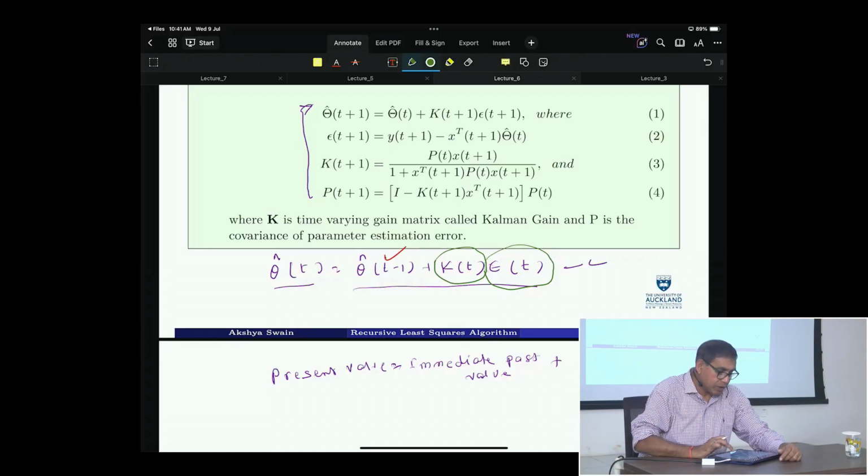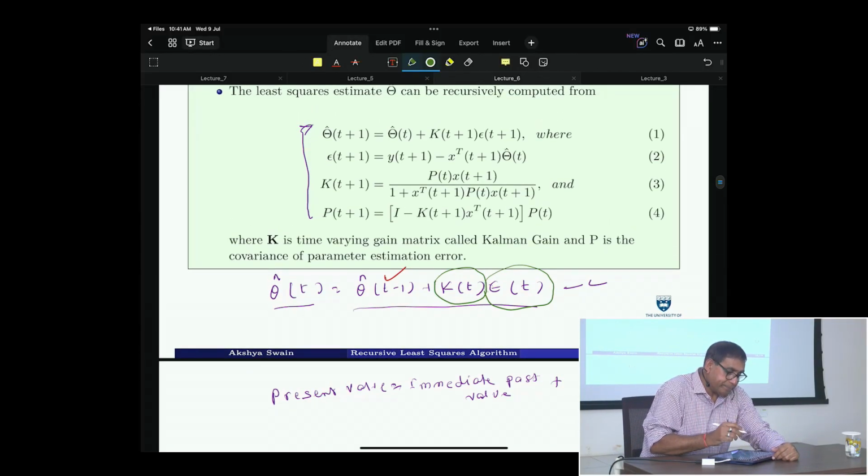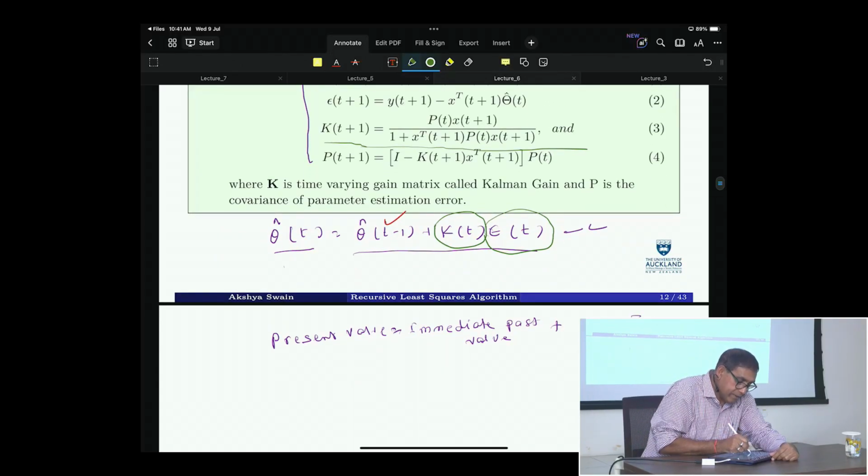Now see, what is kt? See here, this expression, equation 3. kt is equal to pt minus 1 into xt, or phi t, divided by 1 plus x transpose t pt minus 1 into xt.